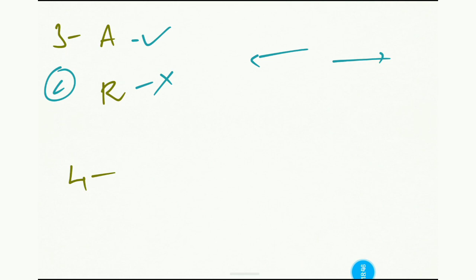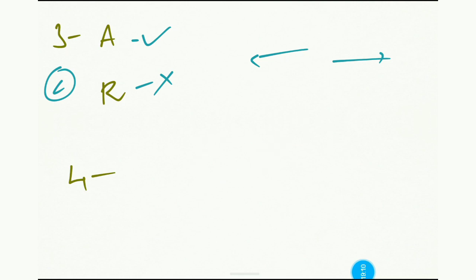Now, fourth question. The forces which meet at one point but their line of action do not lie in one plane, they are called as. First and foremost thing, read the question slowly. The forces which meet at one point, they are meeting at one point finally. And they do not lie in one plane.